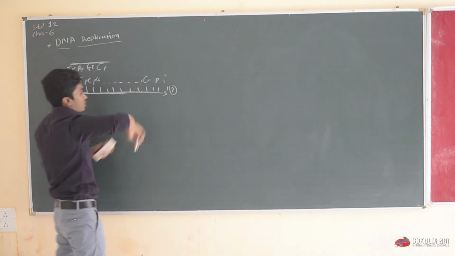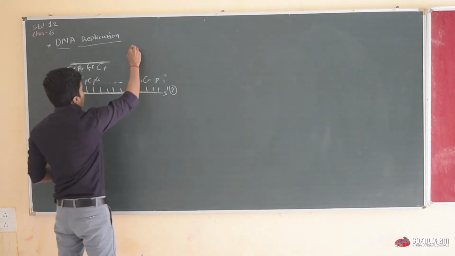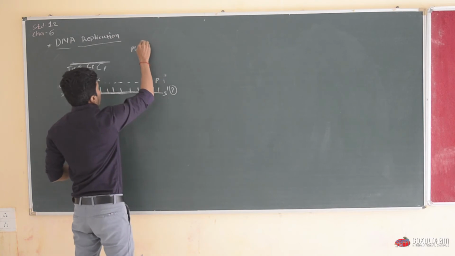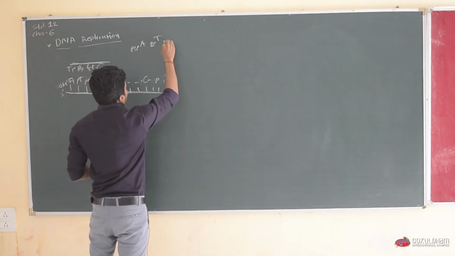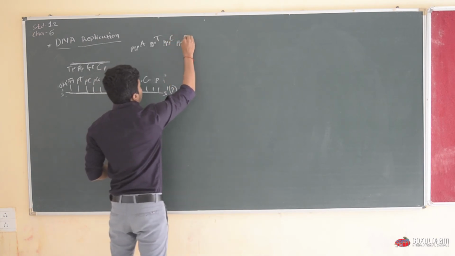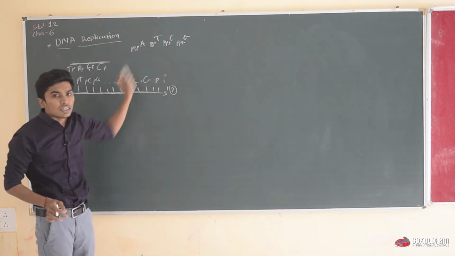It adds the nucleotides which are present in the nucleus. The free nucleotides are A triphosphate, T triphosphate, C triphosphate, G triphosphate. Okay, so these are the nucleotides present in a nucleus.